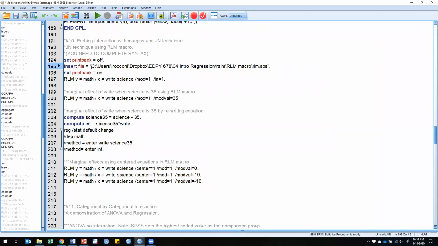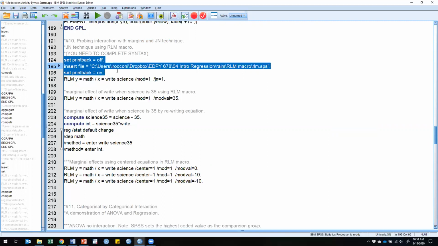I just saved the macro to this folder on my computer. This is where it's located. And I just use the insert file command to run it. I'm setting print back off and print back on, so then it doesn't print the entire syntax file that's in there, because we don't need to change anything within that syntax file.